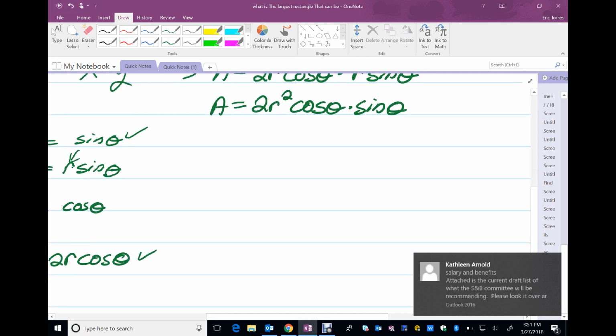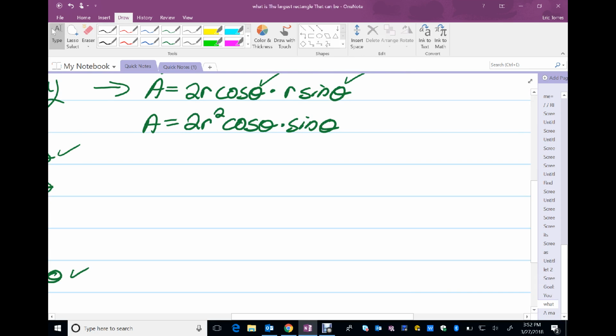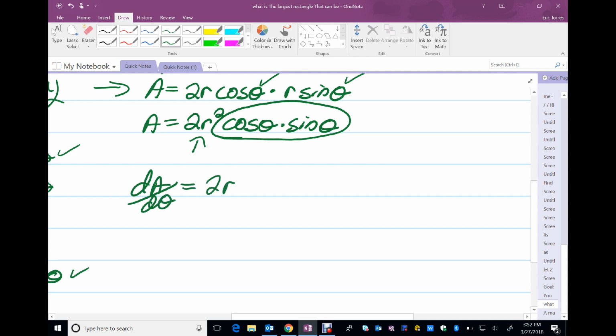Now, what we have is something I can take the derivative of. I'm going to use the product rule on these two components. The first is a constant, so when I take my derivative, dA d theta, we get 2r squared, and now I'm going to use the product rule.